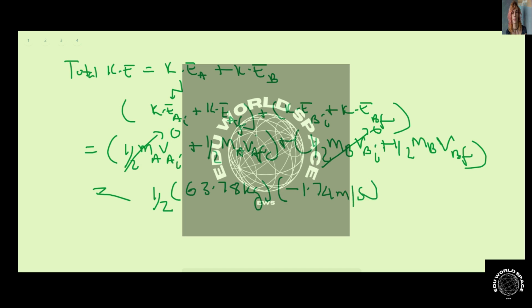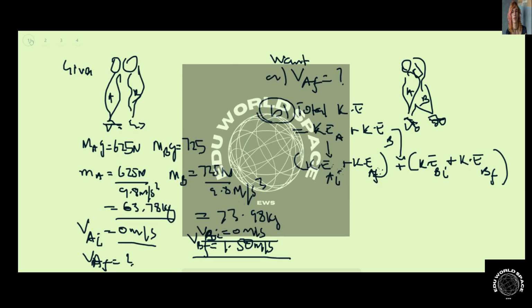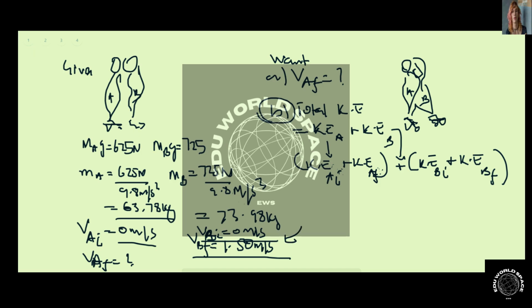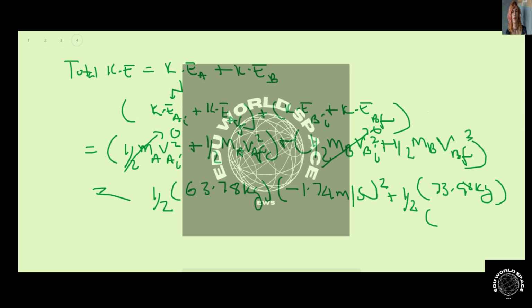Just to recall, the velocity in kinetic energy has to be squared, so don't forget that. And so this is squared, plus 1/2 mass of B, 73.98 kilograms, and then the final velocity of B, which is also given at the beginning, is 1.50 meters per second.